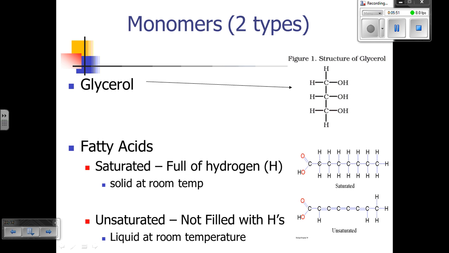If you look, every single carbon has as many hydrogens as it possibly can on its structure, so it's saturated with hydrogens. What that causes is saturated fatty acids to be solid at room temperature. So these are typically your animal fats.